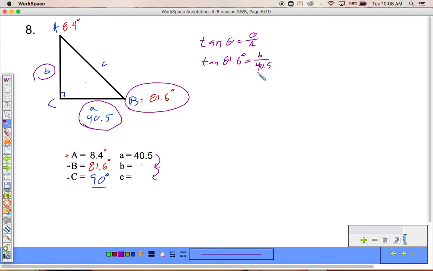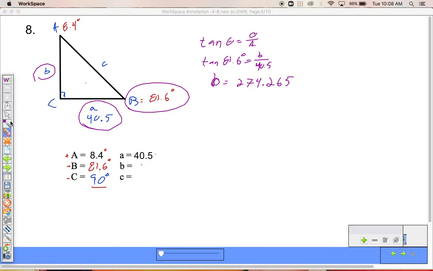And I got a pretty good number. So side B is 274.265. And that looks significantly bigger. So I figure that's going to be about right.